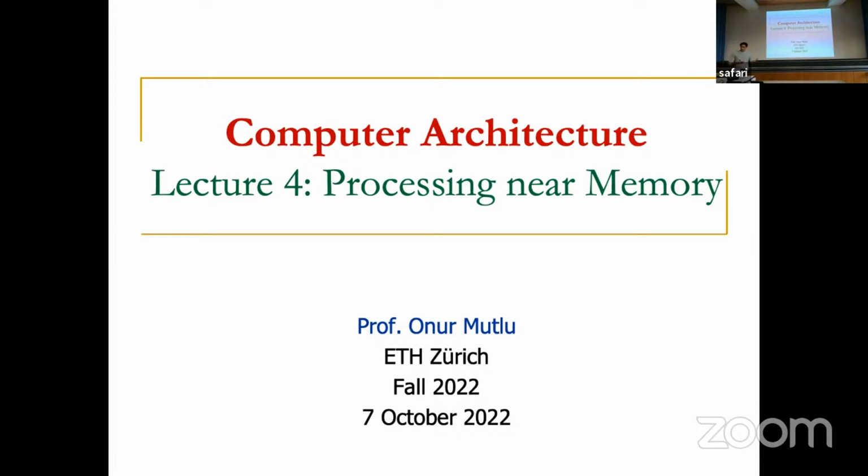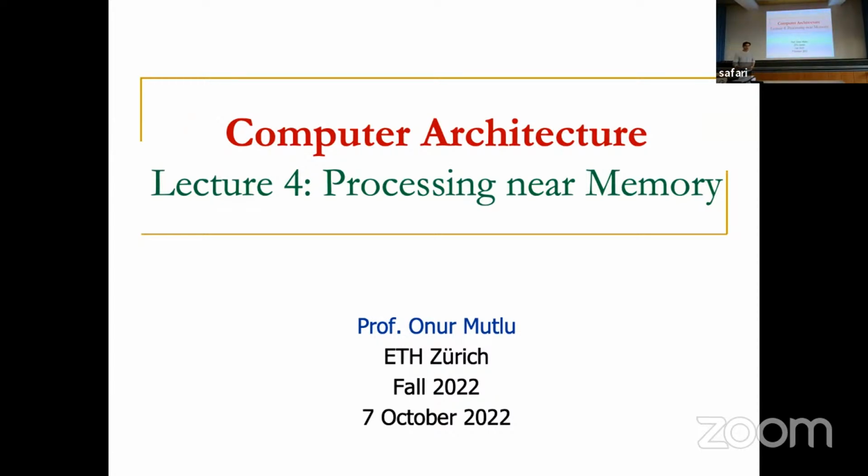The first one is processing using memory, where we typically exploit analog operation of the memory cells in order to perform computation. We saw very good examples of that, such as RowClone and Ambit, that we are going to very quickly review today. And we also talked about the other pillar of processing in memory these days, called processing near memory. And that's what's going to take us at least half of the lecture today.